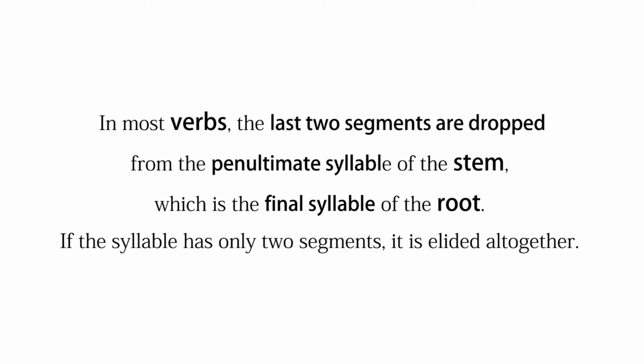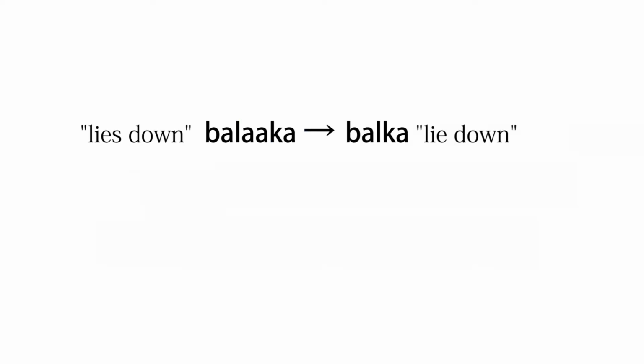So if the syllable has two segments, the entire syllable will be removed, deleted. For example, the word balaka. So the penultimate syllable is this, lies down, and balka means lie down. So the entire syllable is removed.